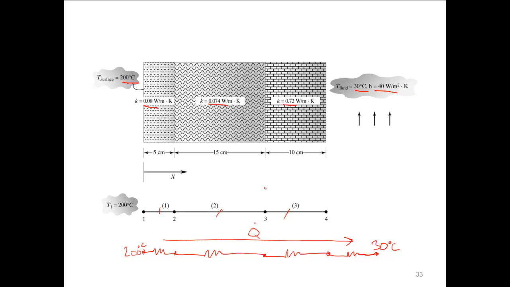Just like with an electrical circuit, there would be constant current through all these. There's a constant heat transfer rate through all these heat transfer modes, different resistances of either material or via the convection. So let's see if this Q dot holds true, that it's constant for all our cases. It's kind of our check here.